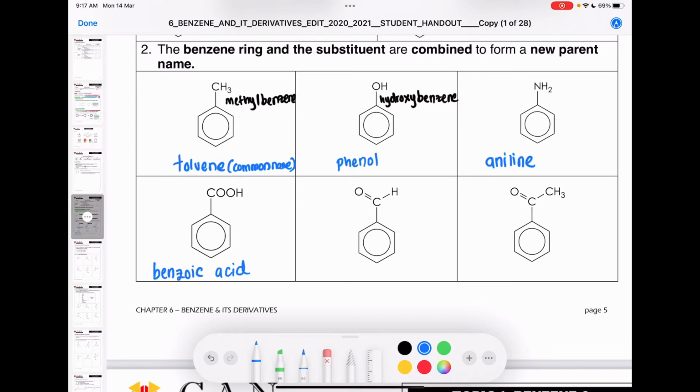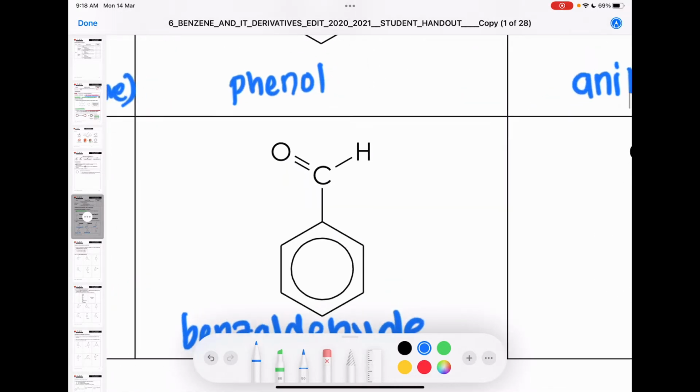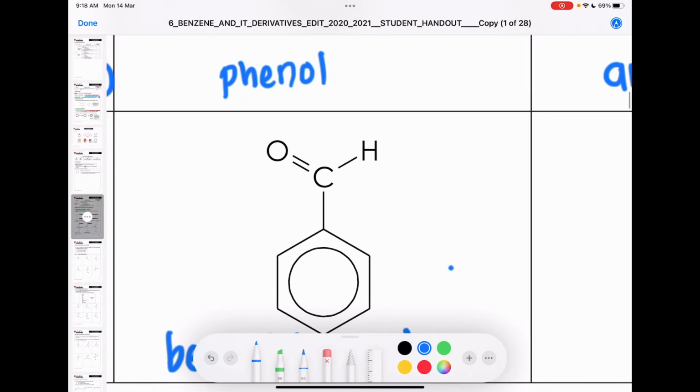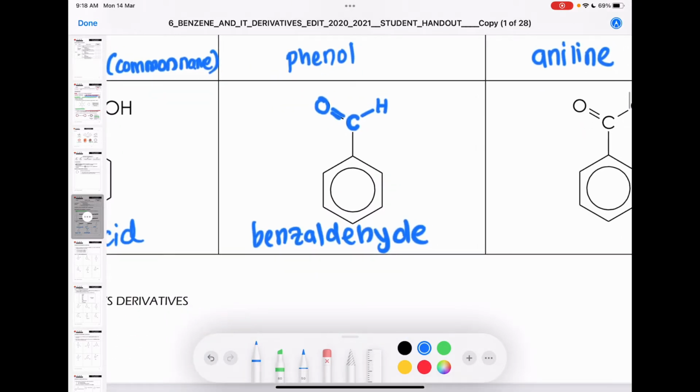So aldehyde with benzene ring, we call benzaldehyde. You have the ring directly attached to the carbonyl C double bond O, but ended with H. This is an aldehyde, so we name it benzaldehyde.